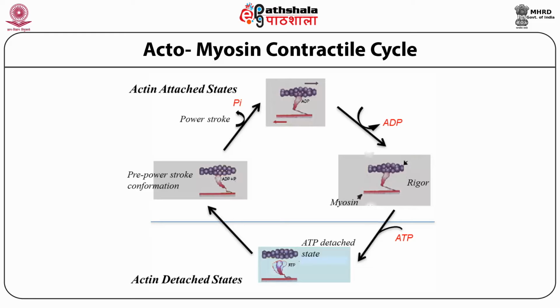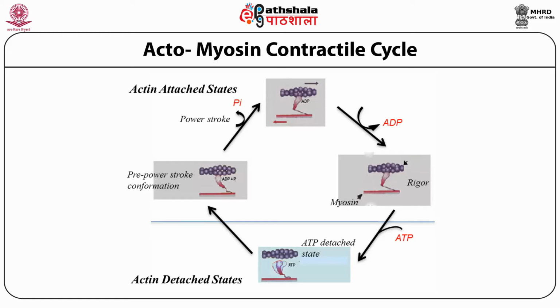When the ATP is hydrolyzed, there is a structural change in the myosin, and it can now bind to actin filaments. As soon as it interacts with the actin, it induces a structural change in the ADP phosphate myosin, which opens up the pocket where the phosphate can be released.